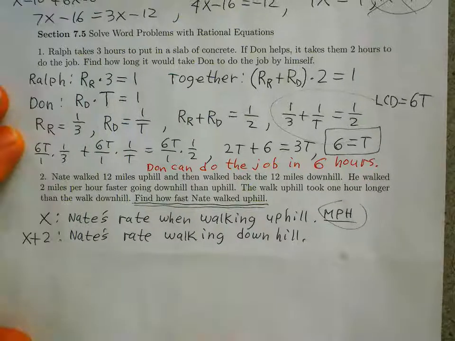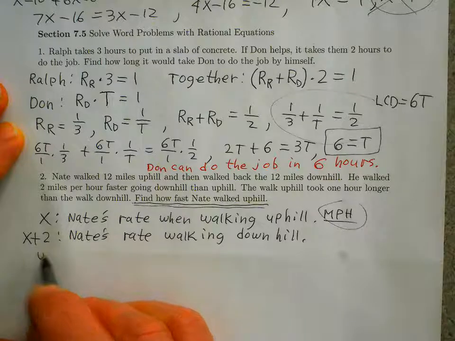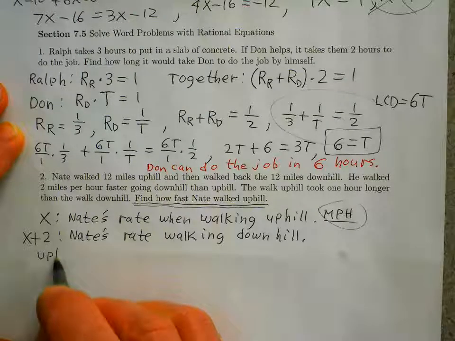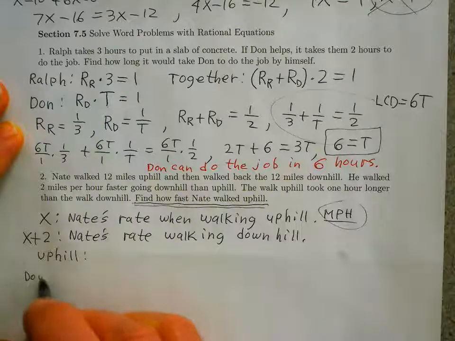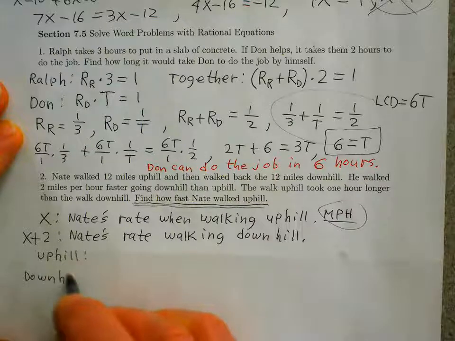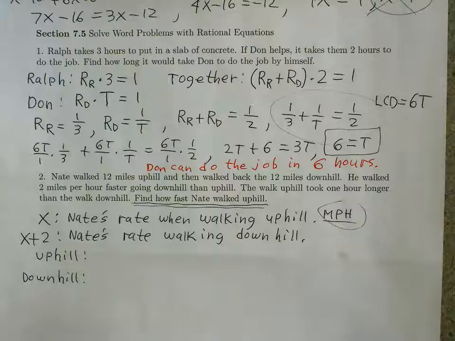Okay, we can start setting up equations. Let's write an equation for walking uphill, and then another equation for walking downhill. So rate times time equals distance.